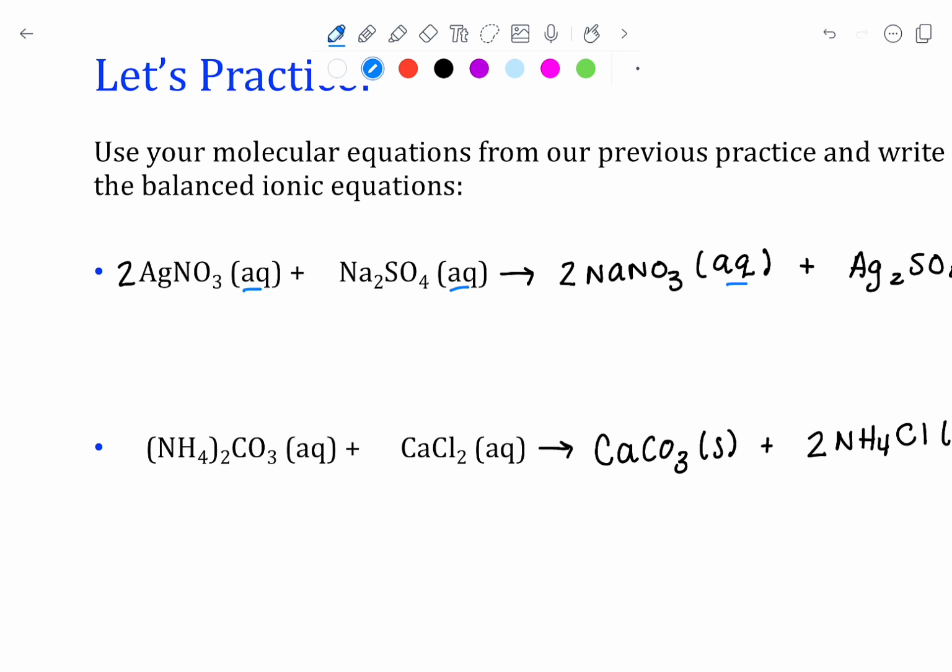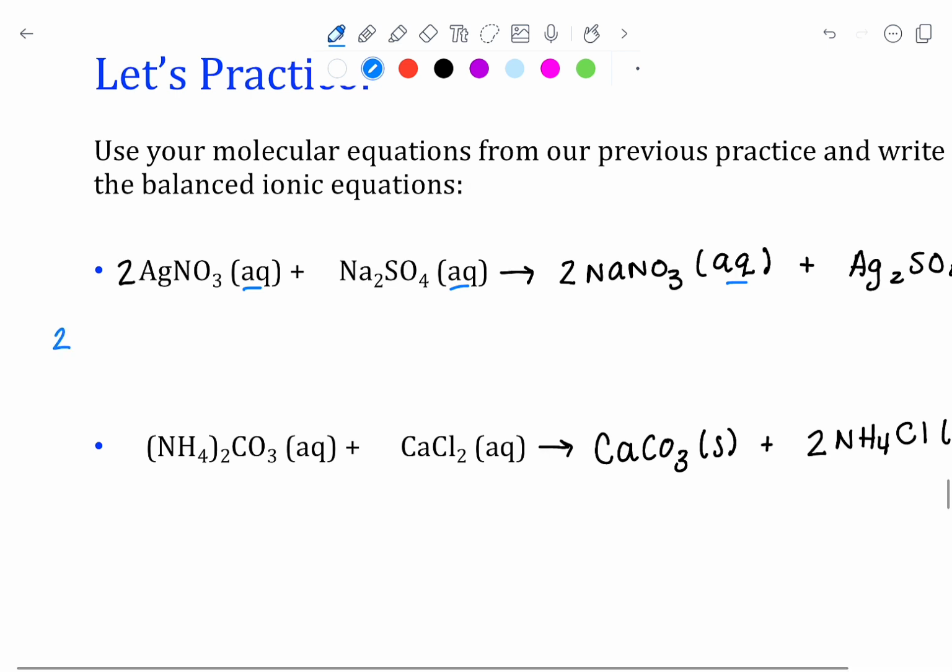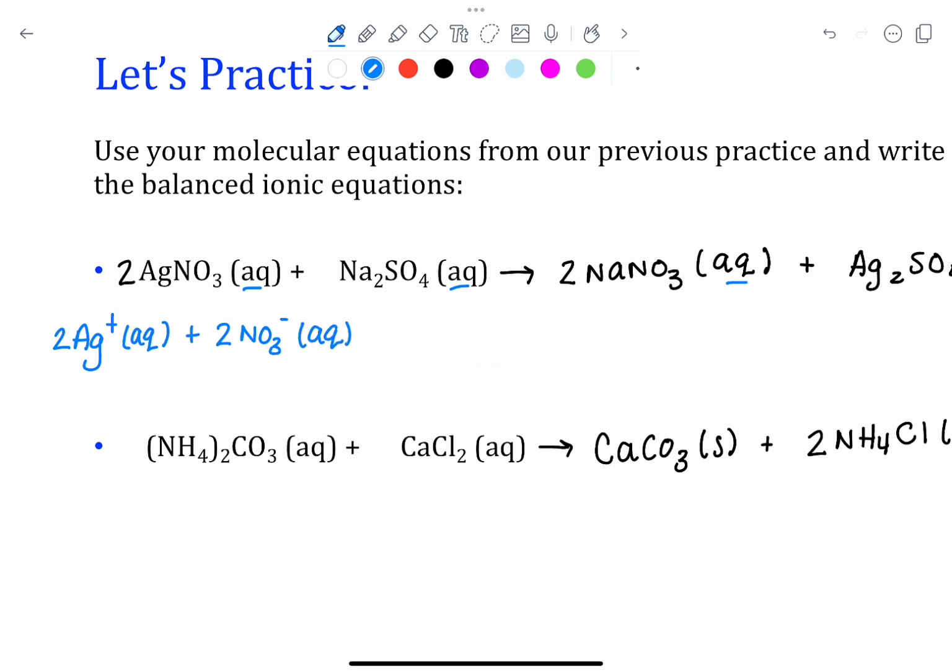So our first example, we have 2 Ag+ (aq) plus 2 NO3- (aq). So that 2 gets applied here and there. Next up, we have 2 Na+ (aq).